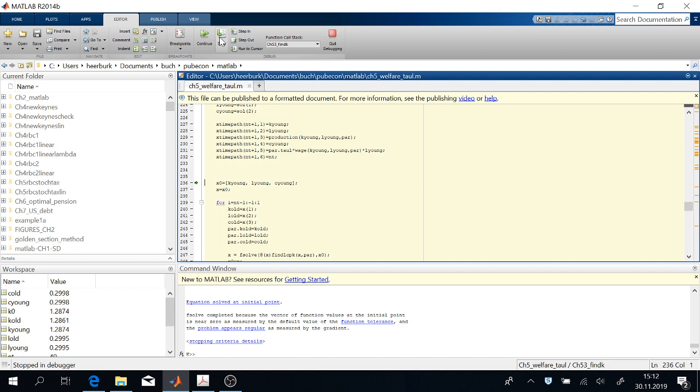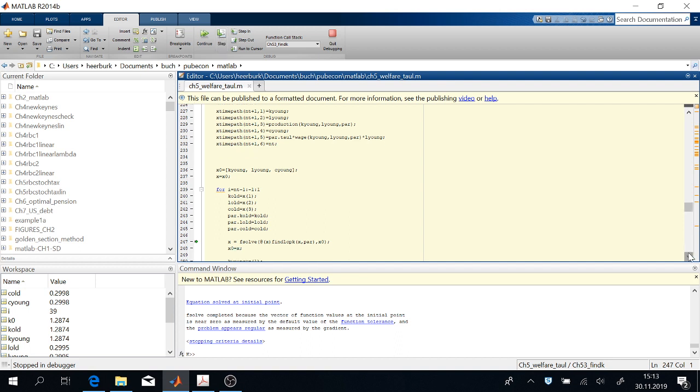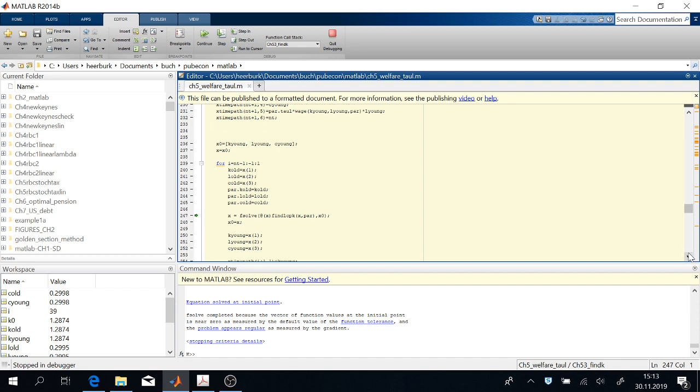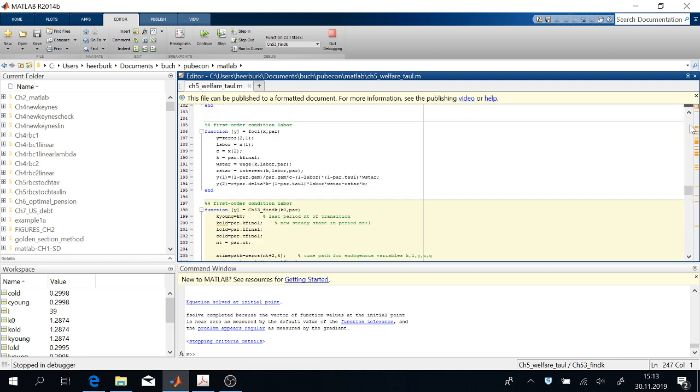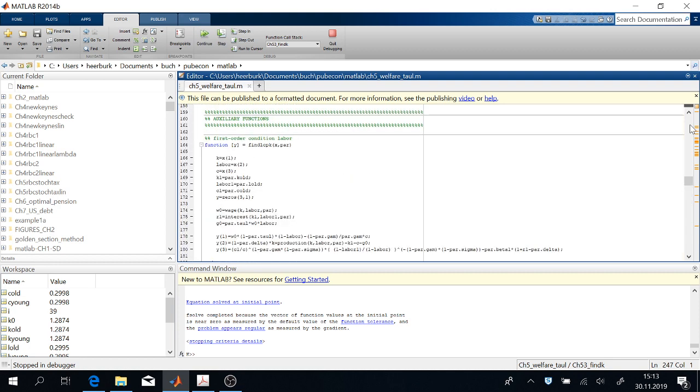So our old guess is saved in the variable x0, and the old values K old, L old, and C old are saved in the parameter vector, and we solve the dynamic equation, find LCPK, for the initial value x, and for the next period capital stock KT plus 1, labor LT plus 1, and consumption CT plus 1, which are parsed as the parameters par to the function FLCPK. So let us go to function f, find FLCPK.